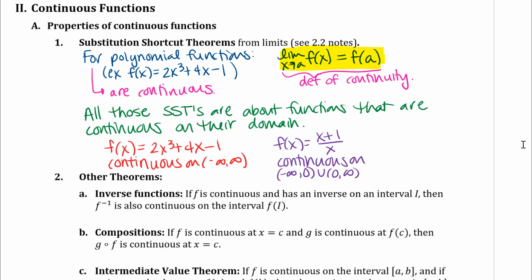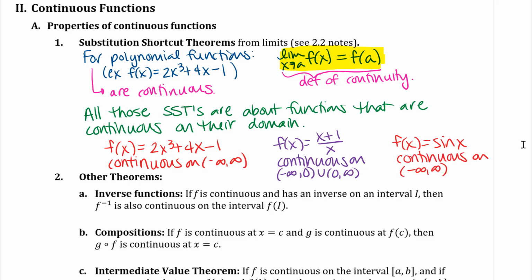Or if we think about other functions for which we had substitution shortcut theorems, for example sine and cosine functions, we had substitution shortcut theorems for some transcendental functions, and those functions also are continuous on their domain. If you think back to when you learned about trig functions, different ones have different domains, but for the sine and cosine function, their domain is all real numbers.